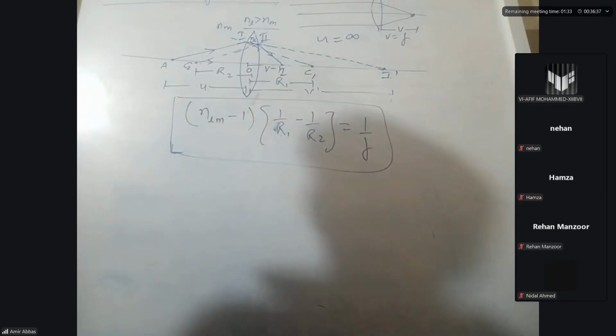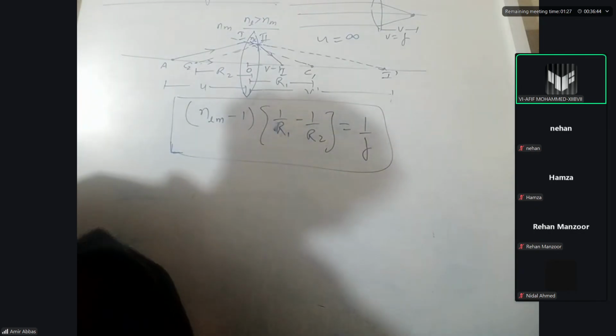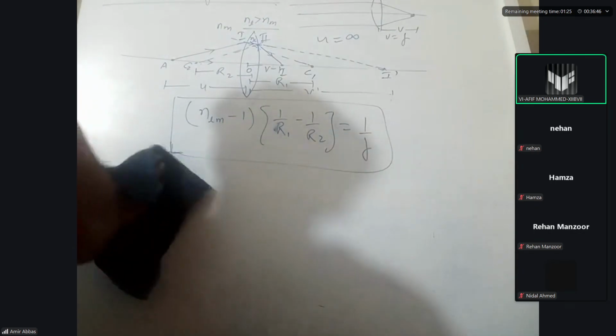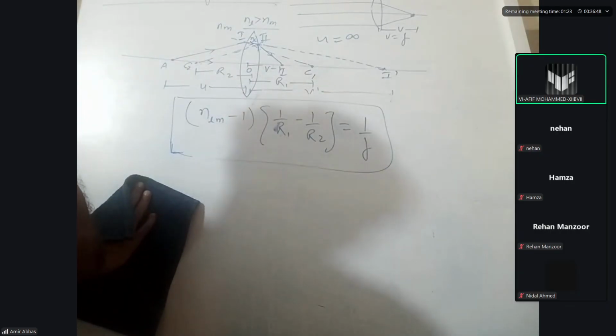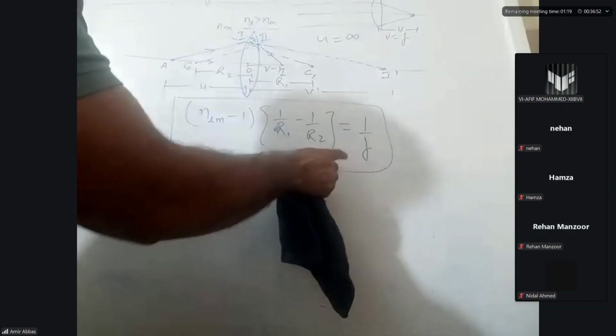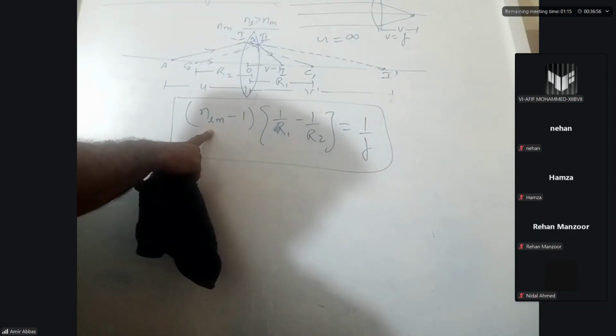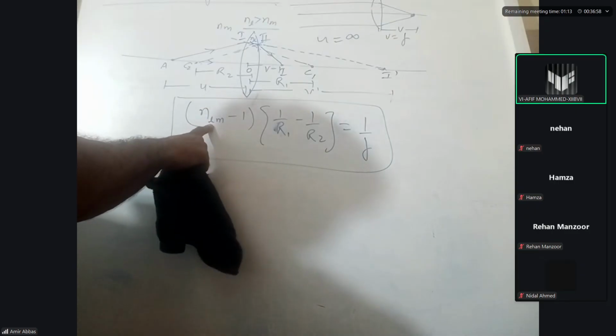Have you got this, beta? To get the desired focal length of a lens, we can adjust these two radii and the refractive index. It depends on both.